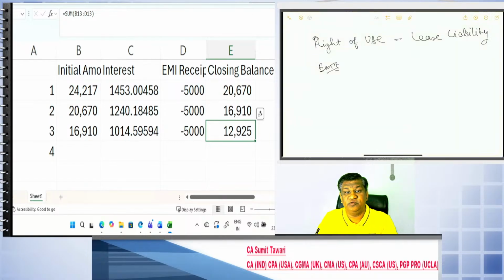In the books of the lessee for an operating lease, I need to recognize this amount, the full 5,000, as my lease expense. But for my closing balance of lease liability and the right of use asset, I only need to debit this one, not the 5,000. Are you clear with this? Anyone has any doubt here?